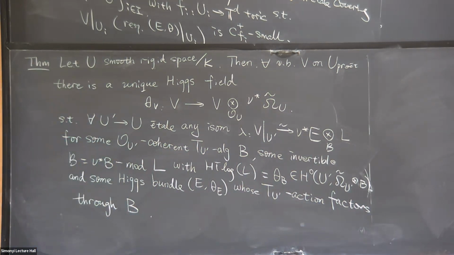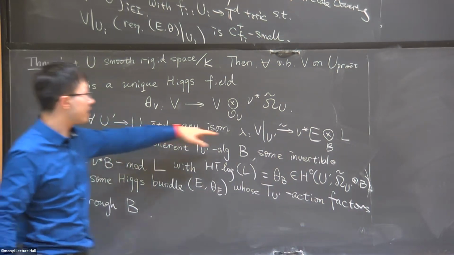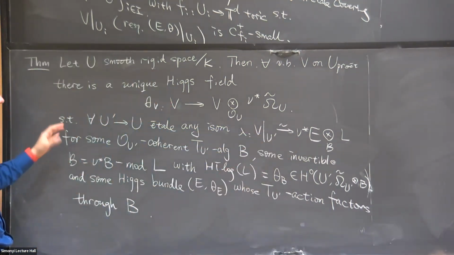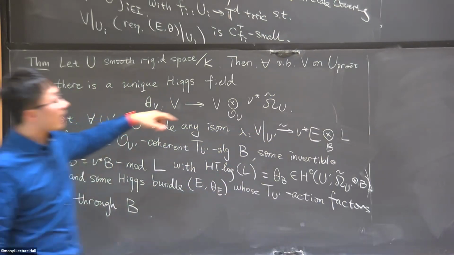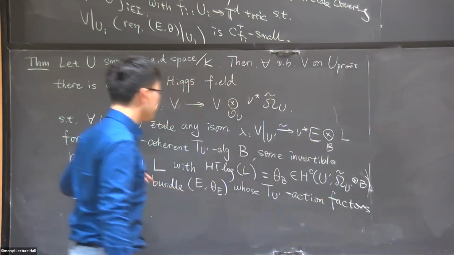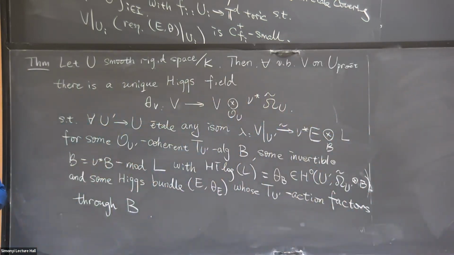Okay, so this is a little bit complicated. It means that if I did it locally, I can write our vector bundle as the twist of a Higgs bundle. We know that by our local global comparison, such a form always exists locally, right? Such a thing always exists.